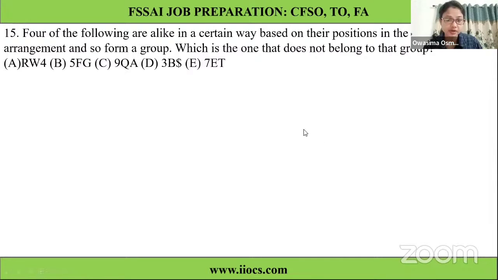Next, four of the following are alike in a certain way based on their positions in the above arrangement and so form a group. Which is the one that does not belong to that group?